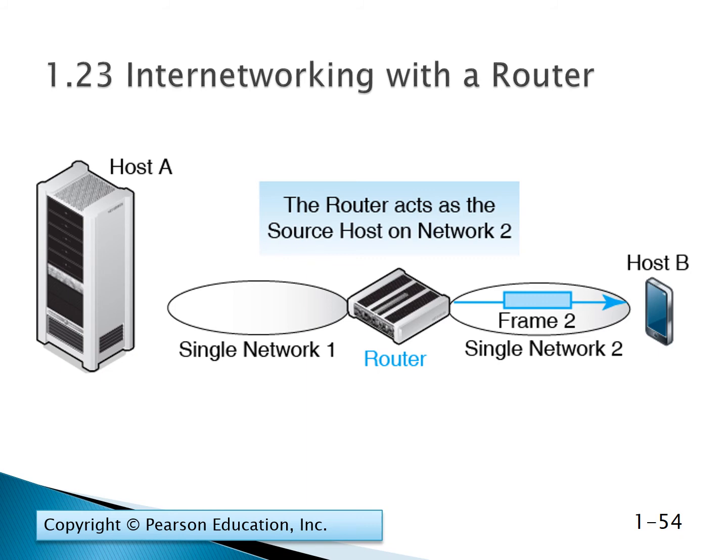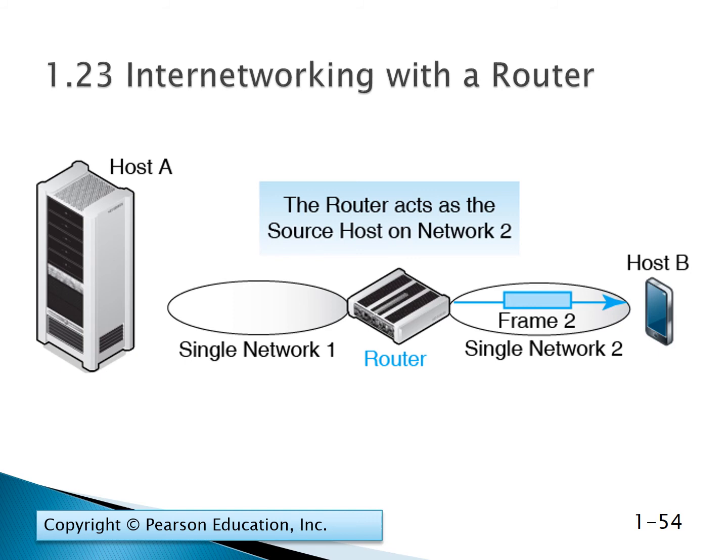It has to make sure the message follows the standard of network 2. So it converts the message in frame 1 into another format, with other packaging and so on. Now it's frame 2, and frame 2 is something that can be transmitted on single network 2. Then it can transmit it to host B.